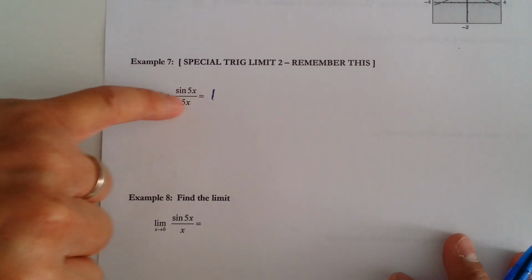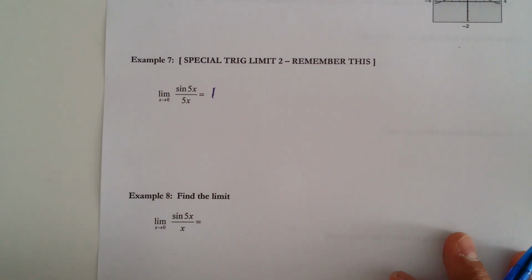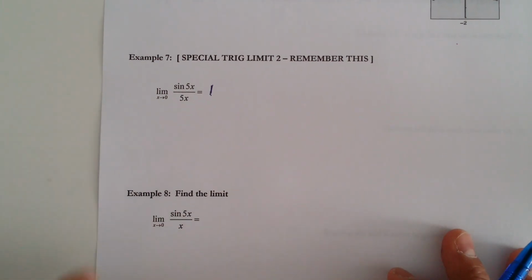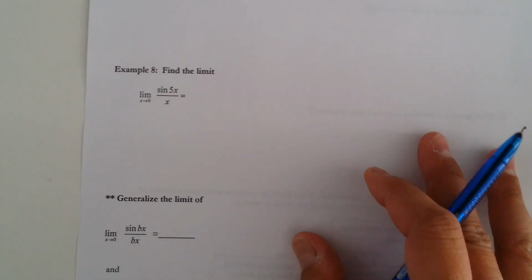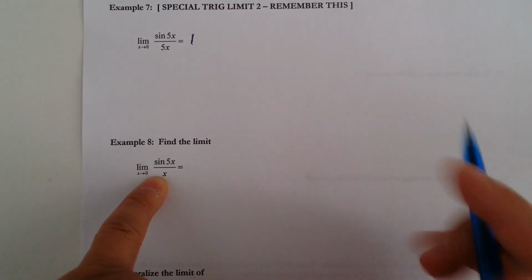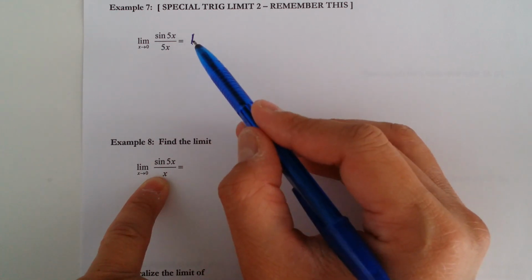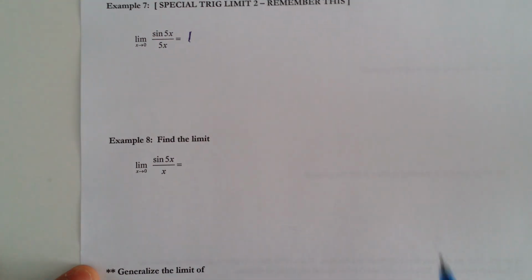Alright, now we're going to use this special limit to evaluate other limits involving similar circumstances. So say we're trying to evaluate the limit of sine of 5x over x, right? The trick is to get a 5 down here, so that we can use this special limit. So how do we accomplish that?